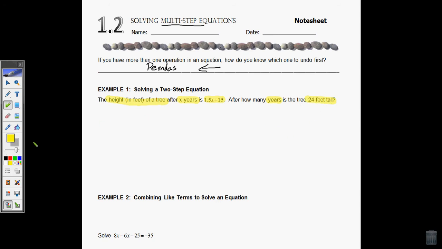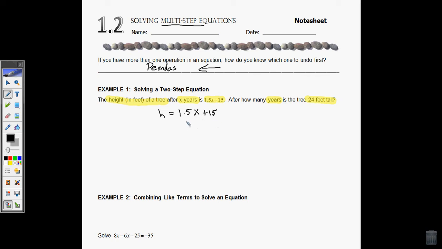I have an equation, 1.5x plus 15, which is supposed to represent the height of the tree. So say it's 10 years old. You will put a 10 in here. 10 times 1.5 plus 15, that gives you the height.